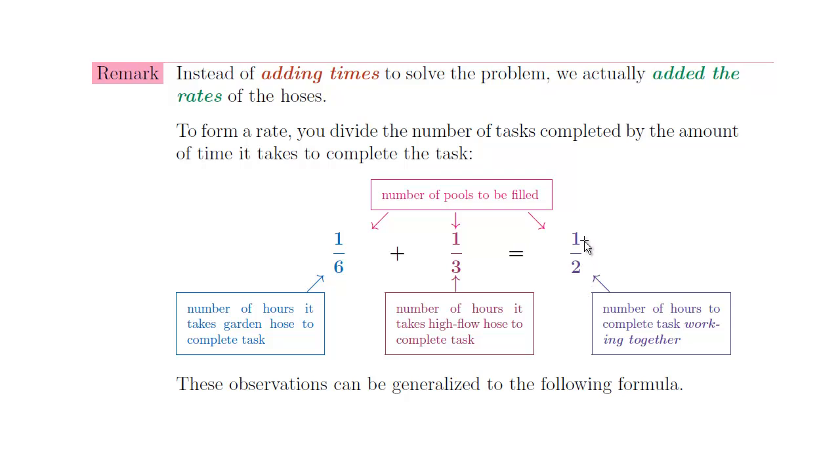In other words, one pool was filled in 2 hours. Looking at this equation, these observations can be generalized to make a formula that we can use to solve any work problem.